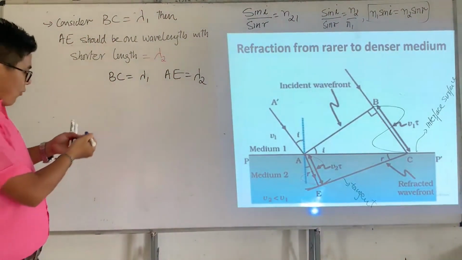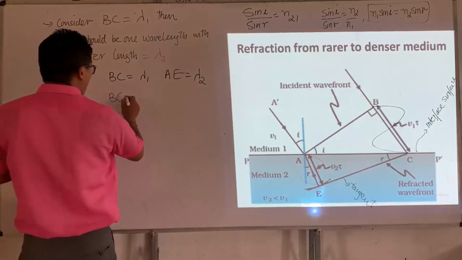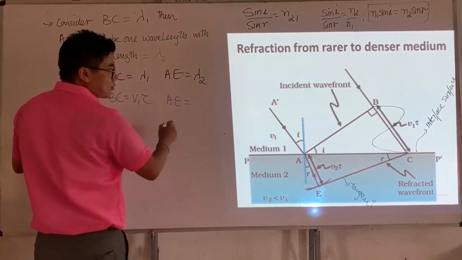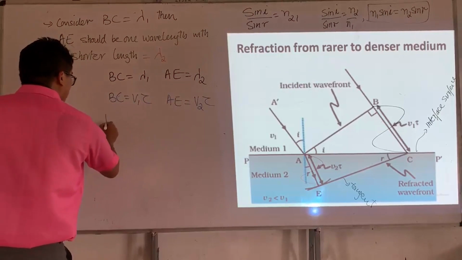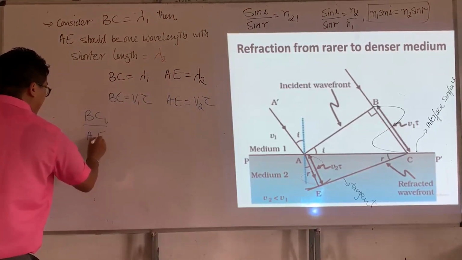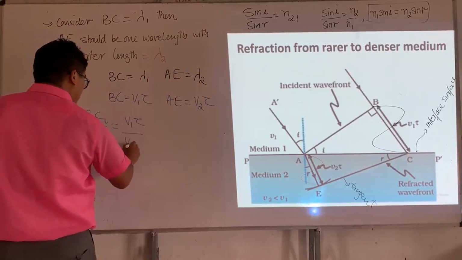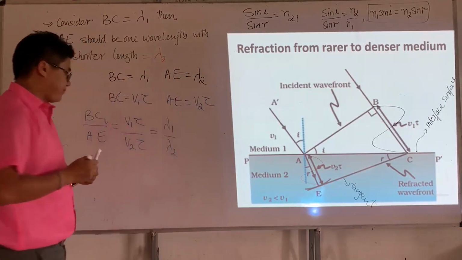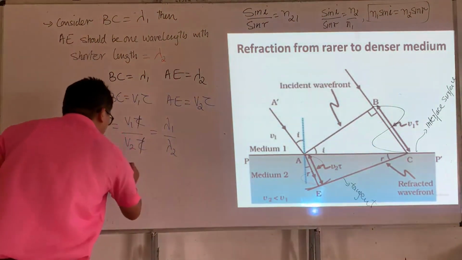Now let's divide these two: BC divided by AE is equal to V1 tau divided by V2 tau, which is equal to lambda 1 divided by lambda 2. So these cancel out.